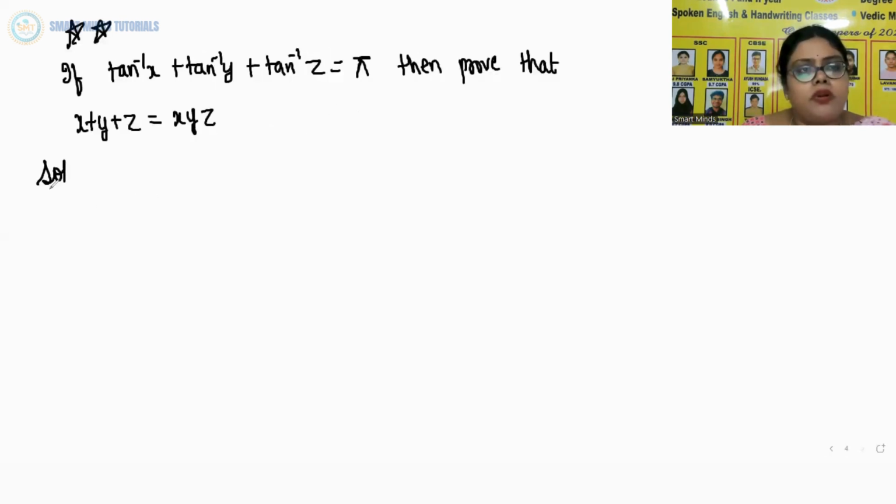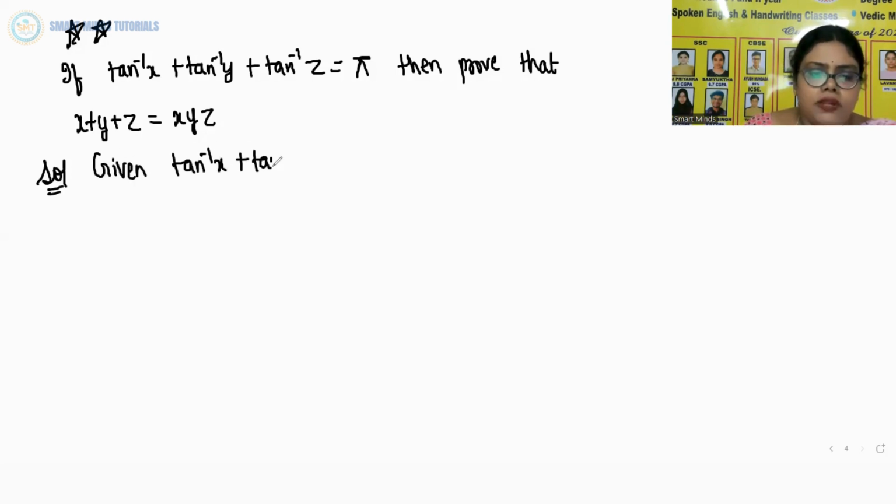This is also important. If tan inverse x plus tan inverse y plus tan inverse z equals pi, then prove that x plus y plus z is equal to xyz. Now first let us write down what is given to us. So tan inverse x plus tan inverse y plus tan inverse z equals pi.